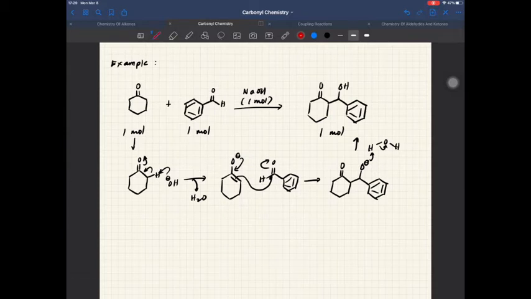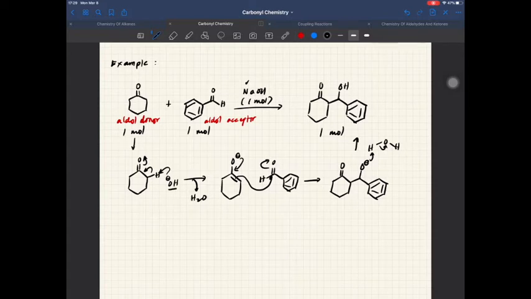An example provided here is the reaction of cyclohexanone and benzaldehyde. So in these reactions, we have our aldol donor. Okay, this one can undergo enolization, and we also have an aldol acceptor. Okay, so in this reaction, it is using basic conditions, so it's base-catalyzed enolization.